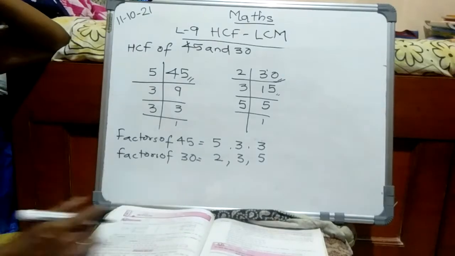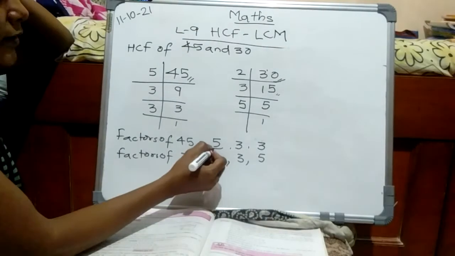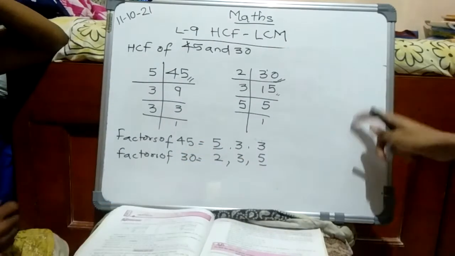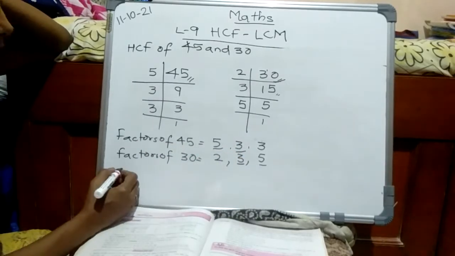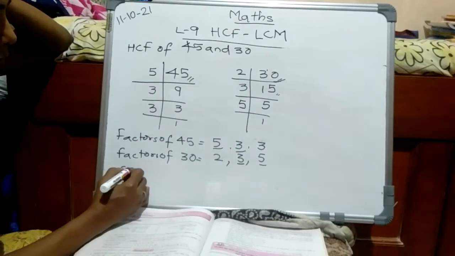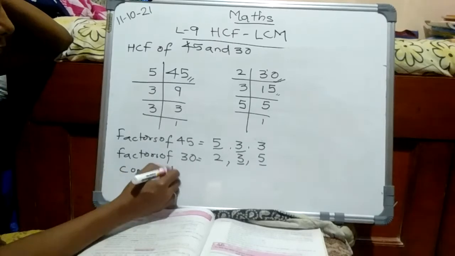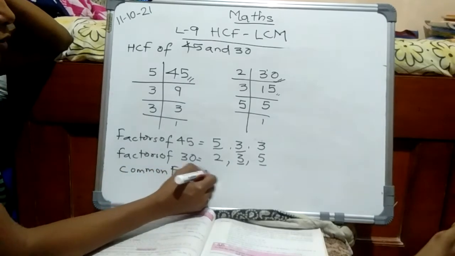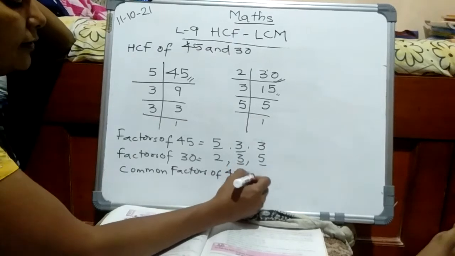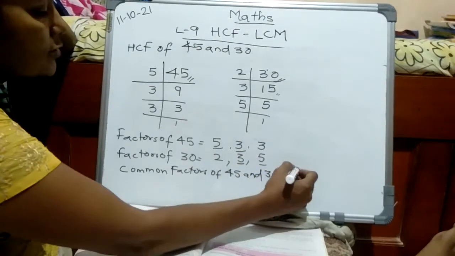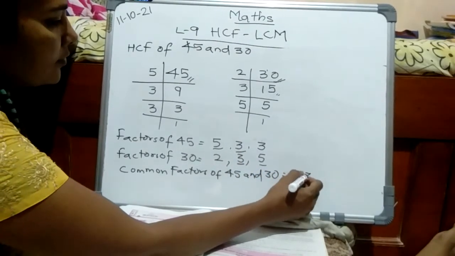Now we will only take the common factors. What are they? 5 and 3. So the common factors of 45 and 30 are 5 and 3.